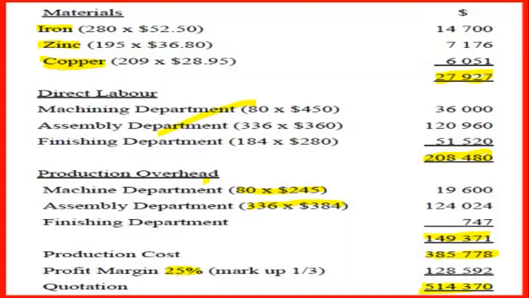Right? So you have to convert this into the markup of 1/3 first and find 1/3 of this figure would give you this figure here. Okay? But if you want to find out the profit margin, it's really 25% of this figure would give you this.